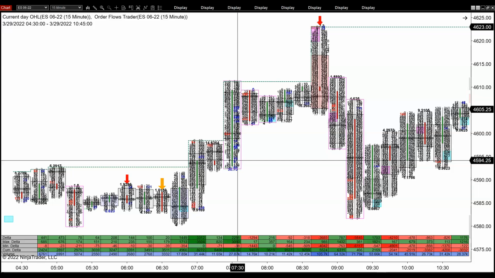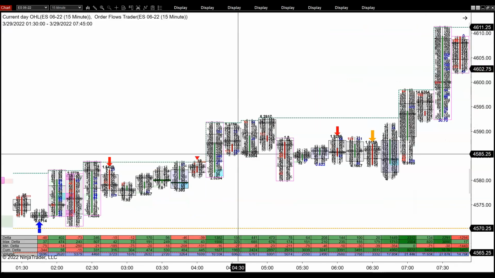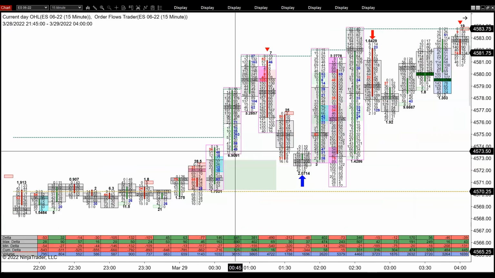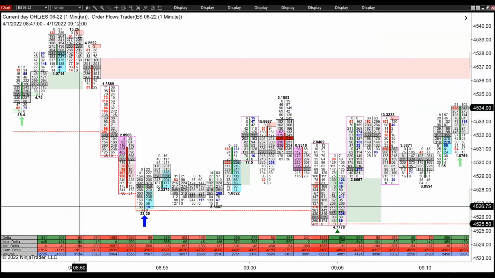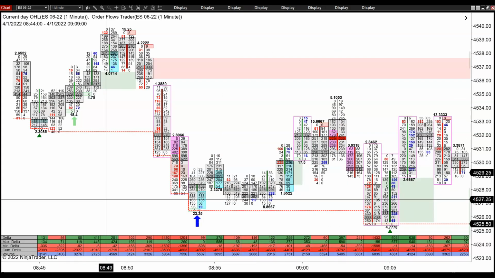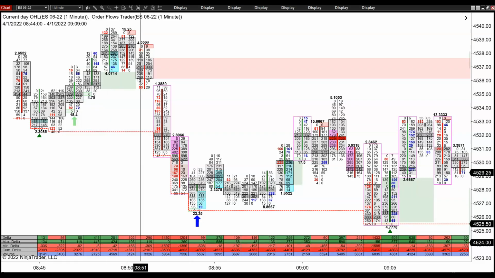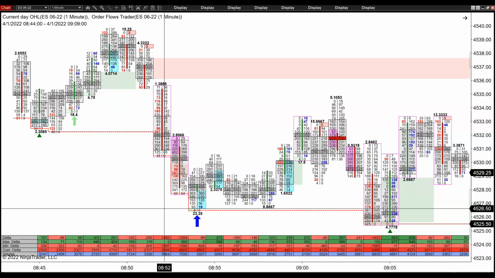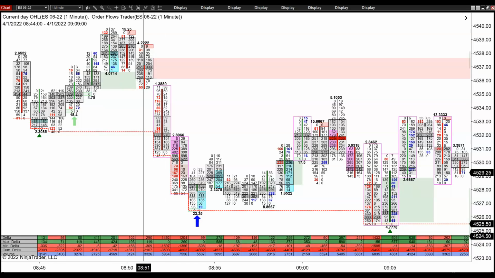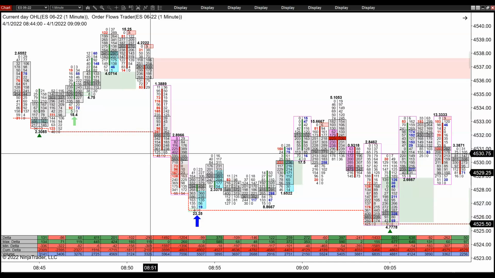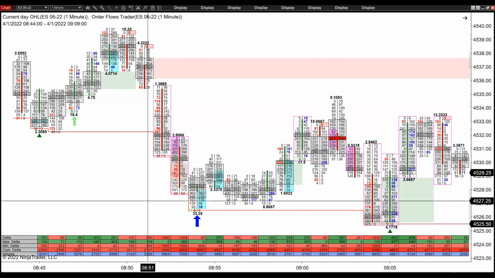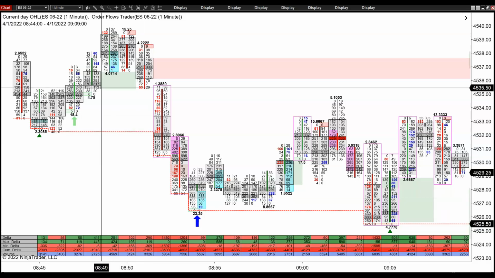Yeah, you can apply delta to it. Now, let's go back to the 1-minute chart here. When you're looking at delta in the order flow, you don't always just want to take the delta in the bar, because oftentimes on red candles it's going to be negative delta, and on green candles it's going to be positive.